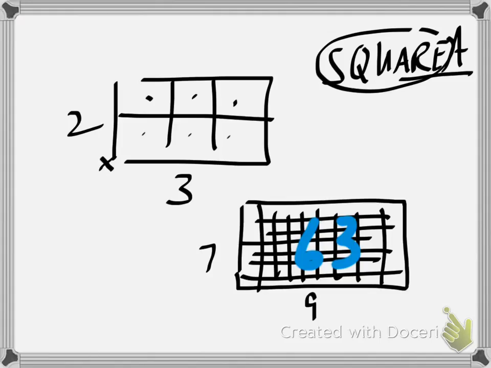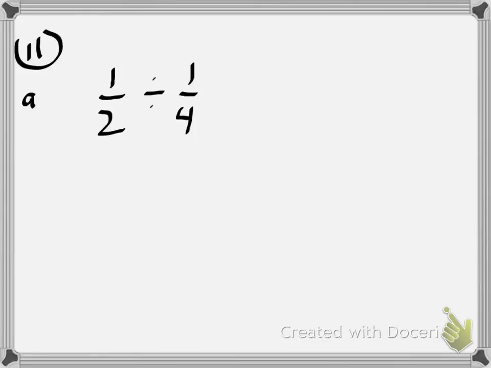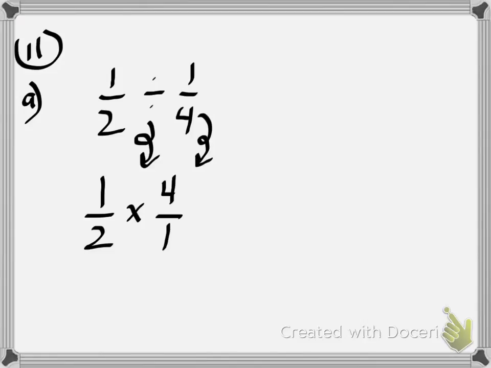Now, for number 11, it says find the quotient. So for number 11, we are doing some dividing. So we have 1/2 divided by 1/4. So we don't divide fractions, we multiply by the reciprocal. So we change this, so we have to change something else, so that's the reciprocal, flipping it upside down.